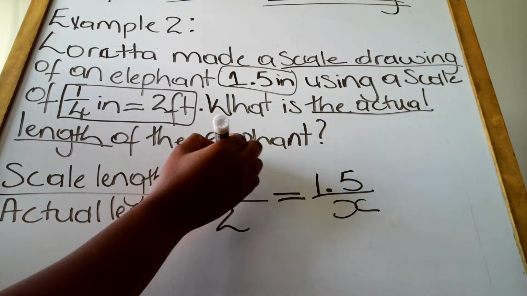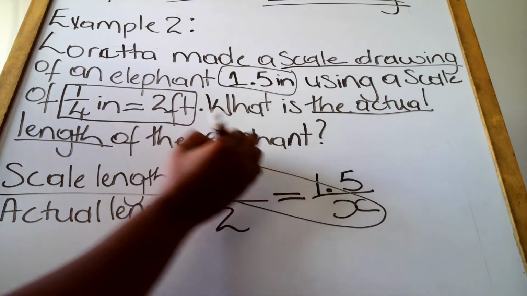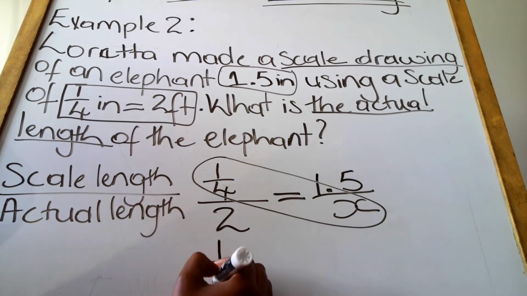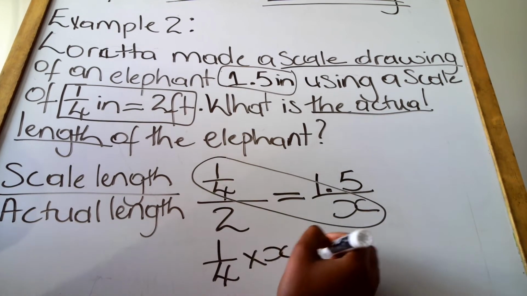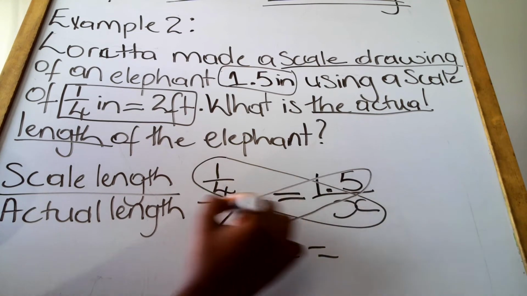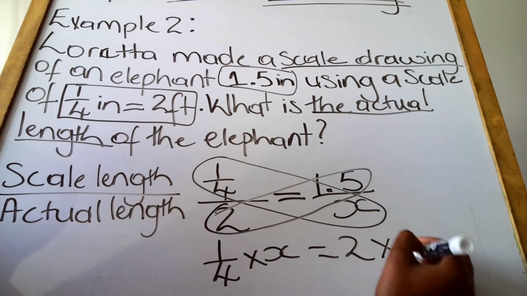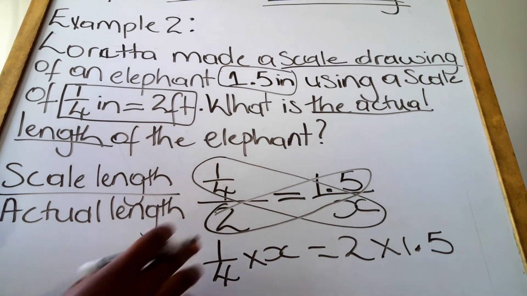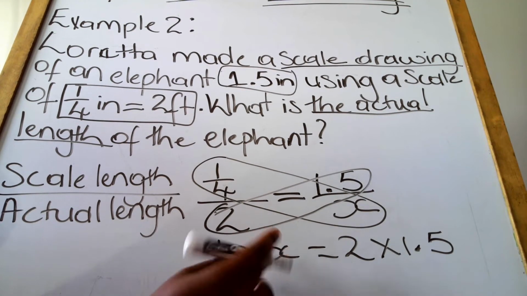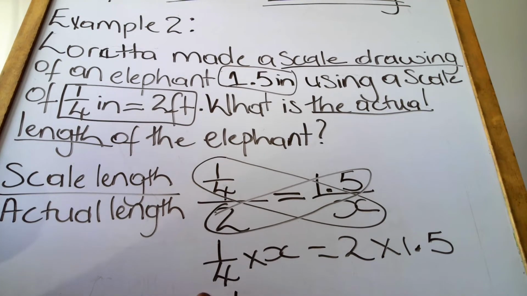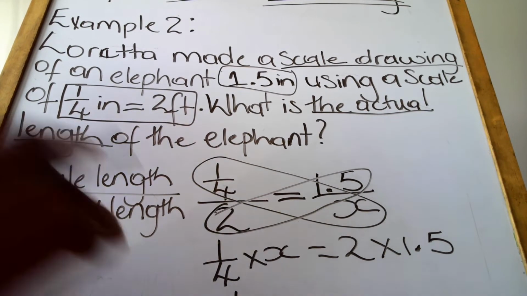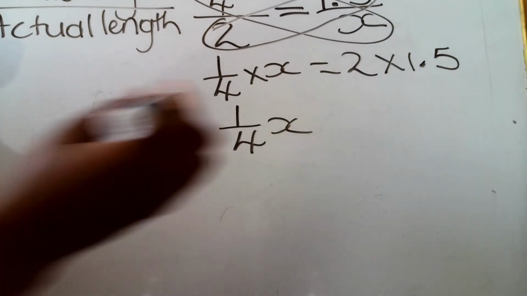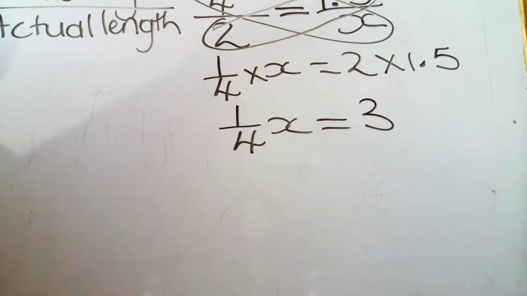Next, we cross multiply. 1/4 times x, and we have 2 multiplied by 1.5. 1/4 multiplied by x, that's going to give us 1/4 x, and 2 multiplied by 1.5, that's going to give 3.